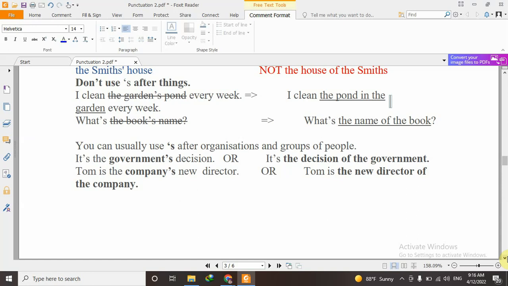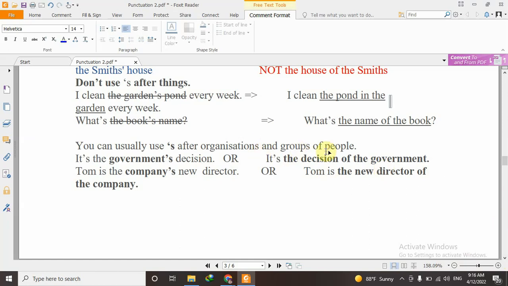Who is taking the decision? The people who are working in the government, right? The president, the prime minister, the ministers. So I can say it is the government's decision, or it is the decision of the government. Both of them are correct, because we are using organizations and groups of people.